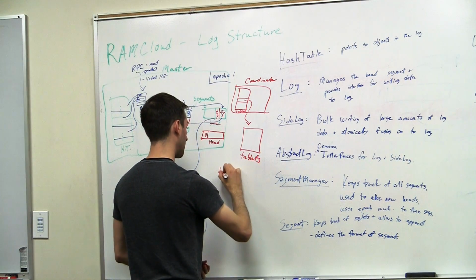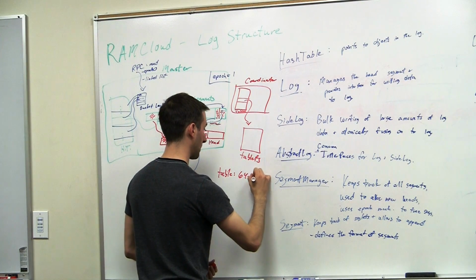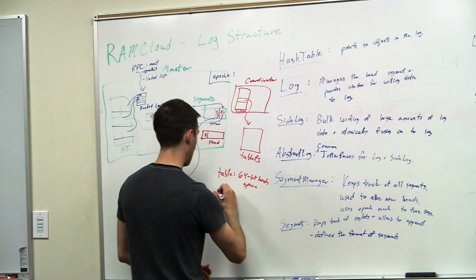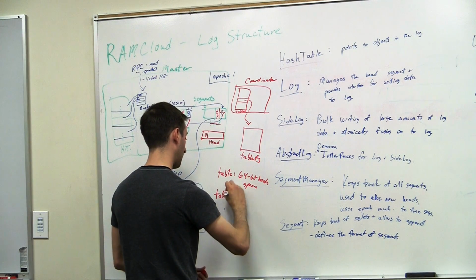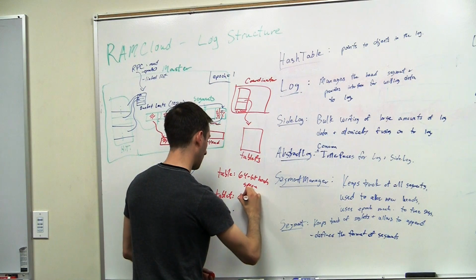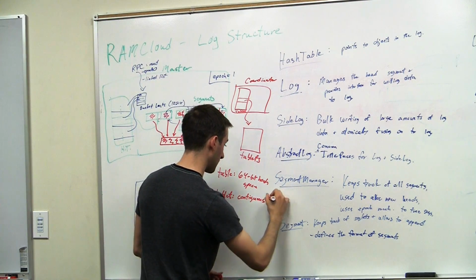So a table is basically just a 64-bit hash space, and a tablet is some contiguous range within a particular table space.